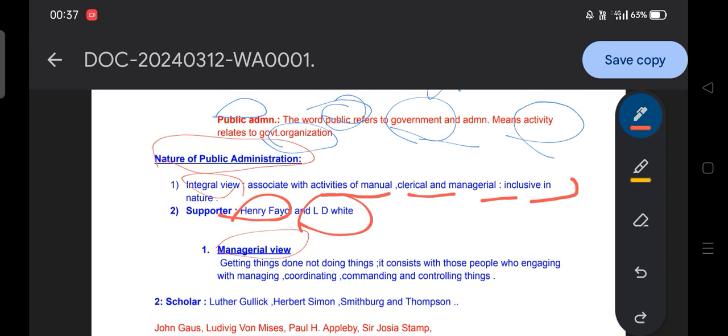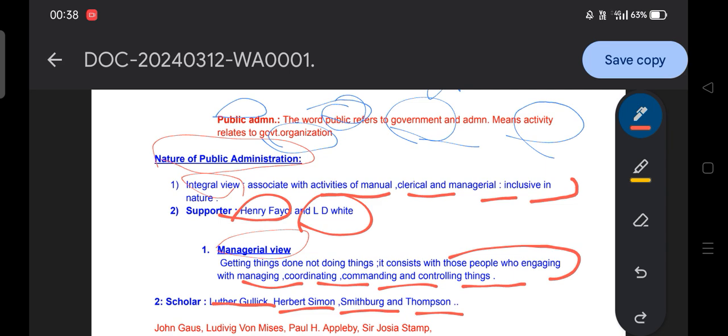Then the managerial view. Managerial view means getting things done, not doing things. It consists of those people who are engaged in managing, coordinating, commanding and controlling things. Scholars who believe in the managerial view are Luther Gulick, Herbert Simon, Smithburg and Thompson.